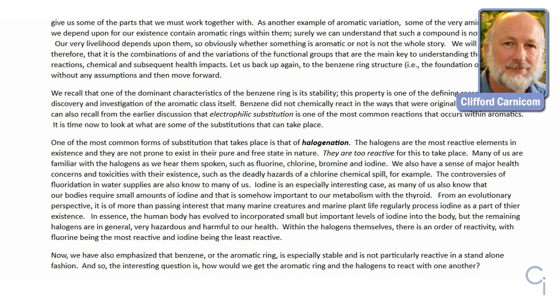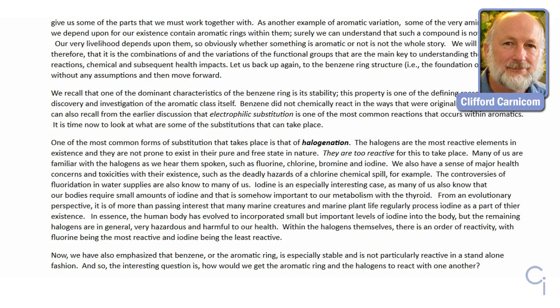But normally they expected it to react with things, and it didn't. And they were trying to figure this out. And they learned that, well, some things reacted with it. It wasn't necessarily what they expected, but some things would cause it to react. And one of the major things that they learned that started to react with these aromatics were halogens.